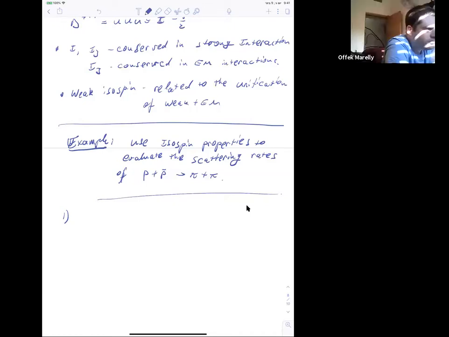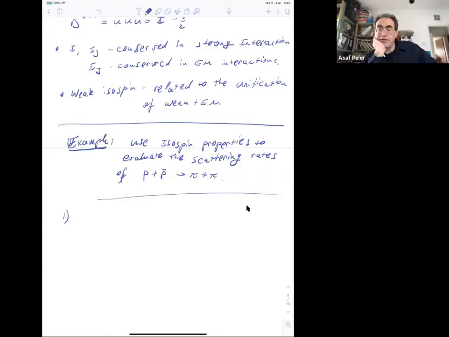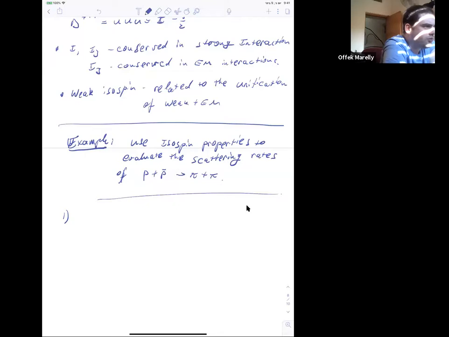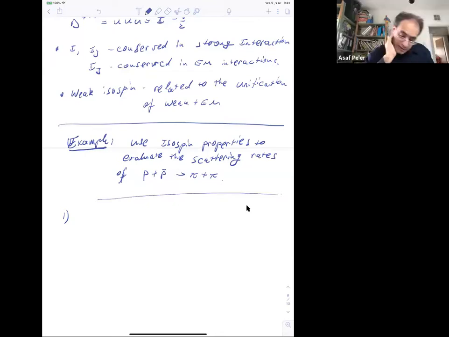What are the possible outcomes of the interaction? Pion plus minus or pion 0, 0? Yes, very good.